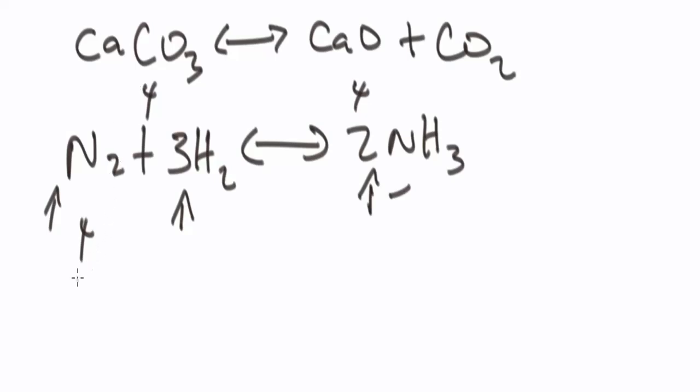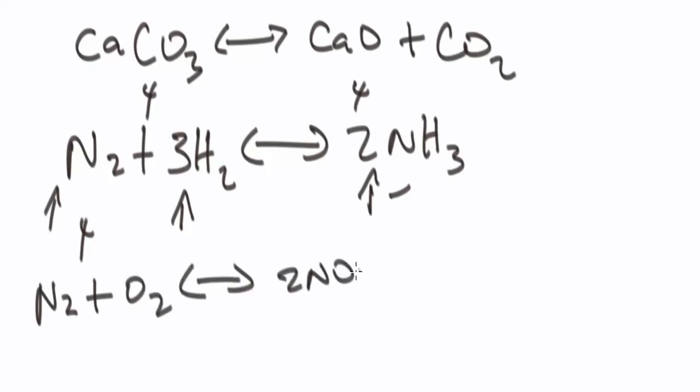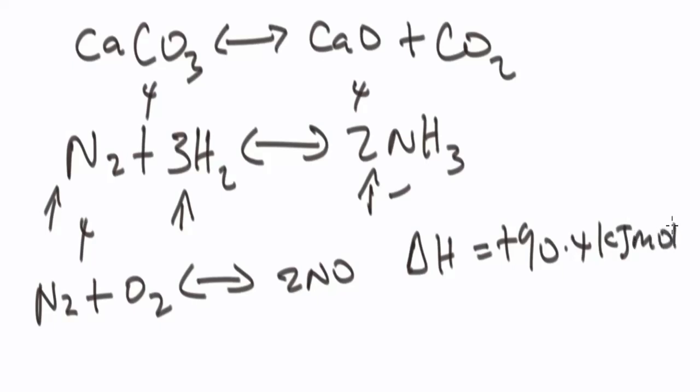So for an endothermic reaction, let's say we have nitrogen gas plus oxygen gas reacting to give 2 moles of nitrogen oxide, and the enthalpy change is positive, indicating that it is an endothermic reaction. Heat is absorbed from the environment, in kilojoules per mole.